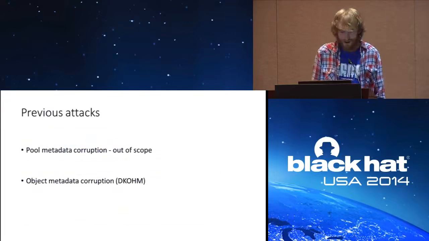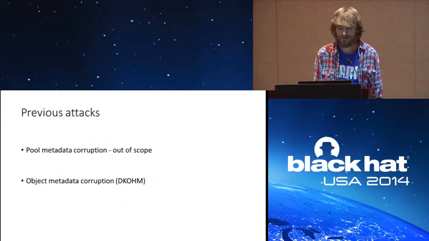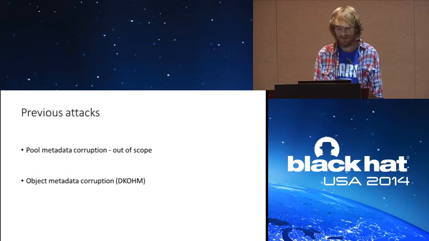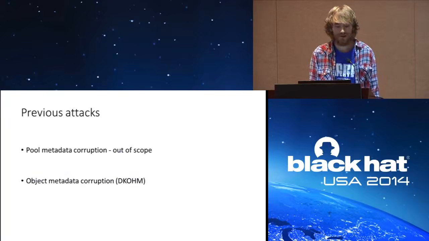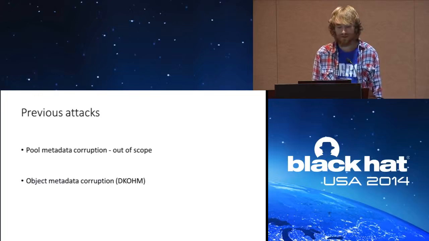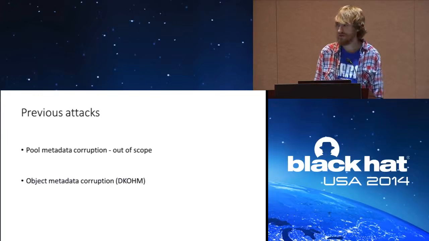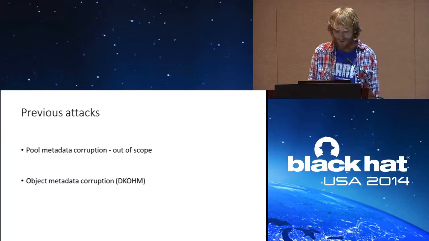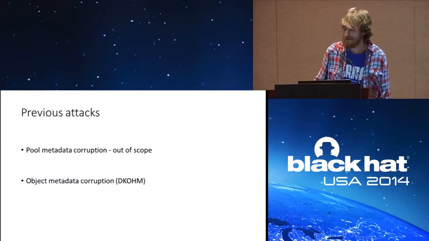As I already said, talking about attacks and exploiting pool overflows, there are 2 ways. It's corrupting pool metadata and corrupting not pool metadata, for example, object metadata. Talking about pool metadata corruption, there are a lot of techniques, mostly discovered by Tarjei.